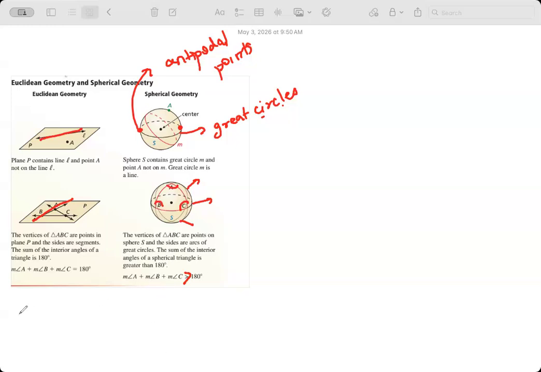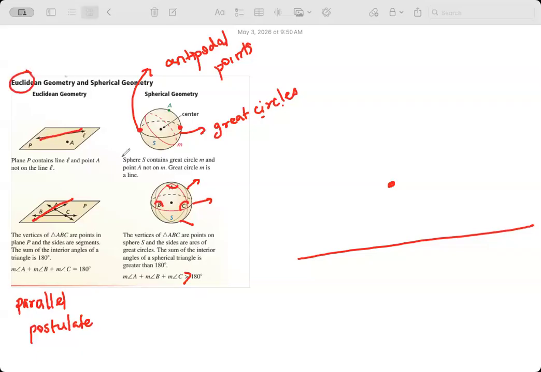Now, one more thing. Do you remember the parallel postulate that we have studied in Euclidean geometry? What is that parallel postulate? Let's say there is a line, there is a point. Per Euclid, who designed this geometry, there can be only one line going through this point and parallel to this line.